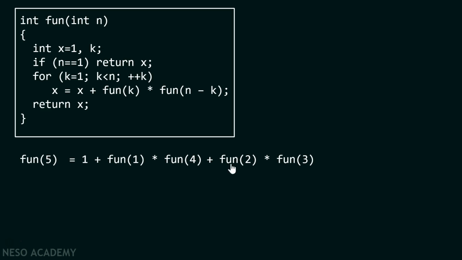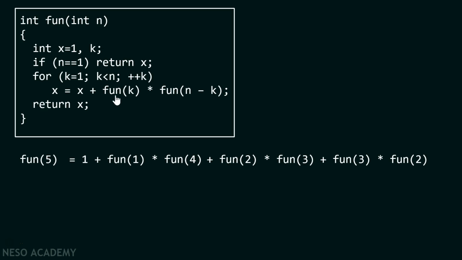So the new value of x in the third iteration will be 1 plus fun1 into fun4 plus fun2 into fun3 plus fun3 into fun2. And now for the last iteration, that is when k equals 4, we have to add fun4 into fun1 because 5 minus 4 is equal to 1.